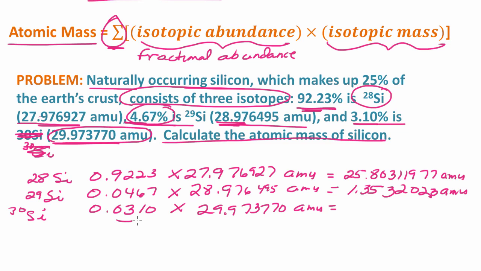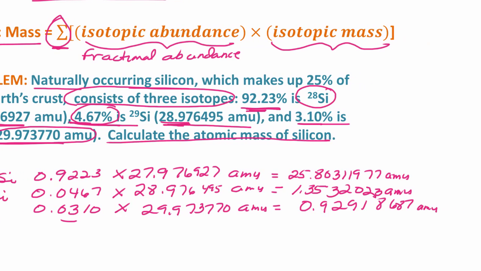And then let's do this one, 0.031 times 29.97377, and I get 0.9291867 atomic mass units. So what I'm going to do is now add these.